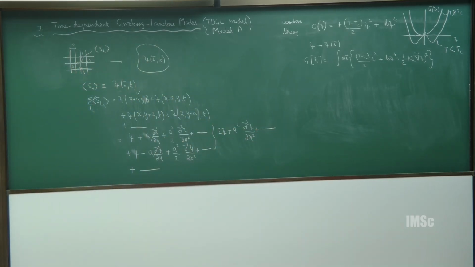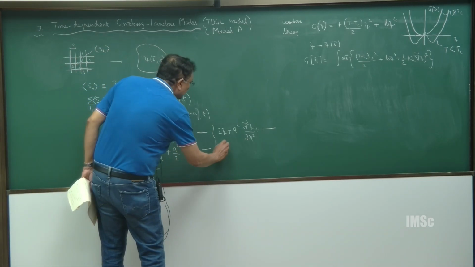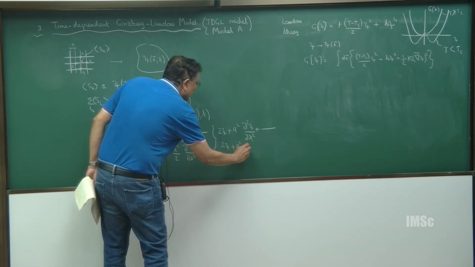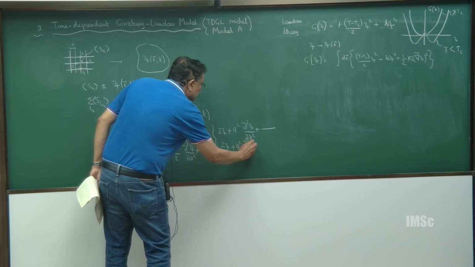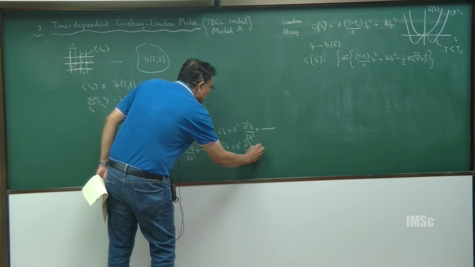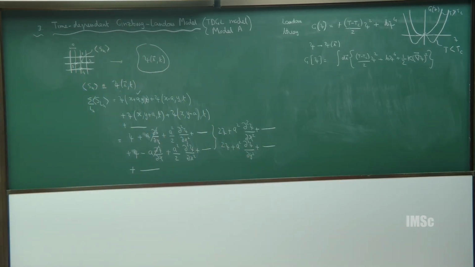Okay. And similarly, the second pair will give 2 psi plus a squared del 2 psi over del y squared plus higher order terms. Okay. Is the structure obvious?